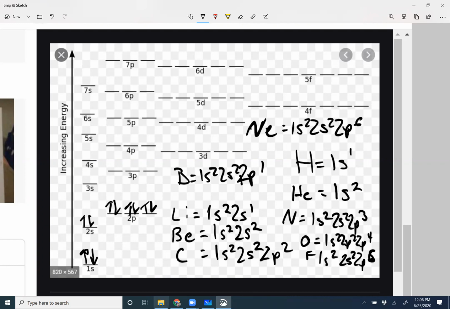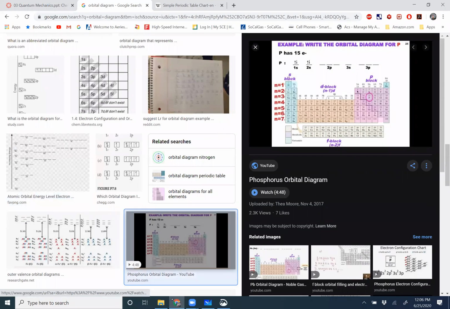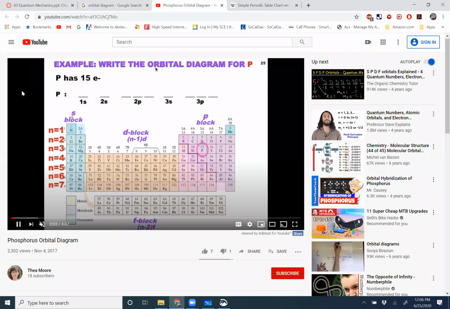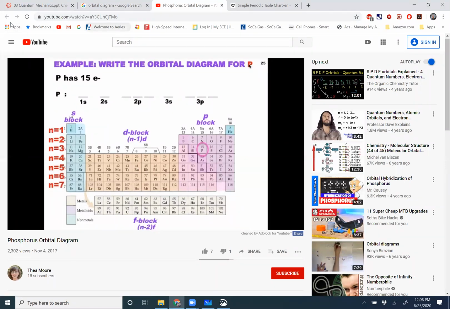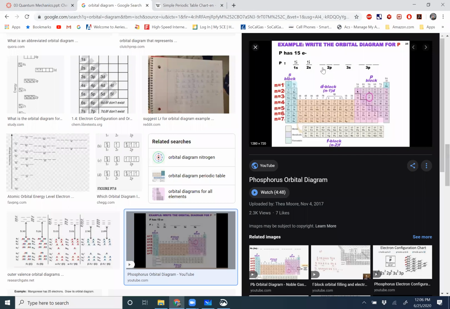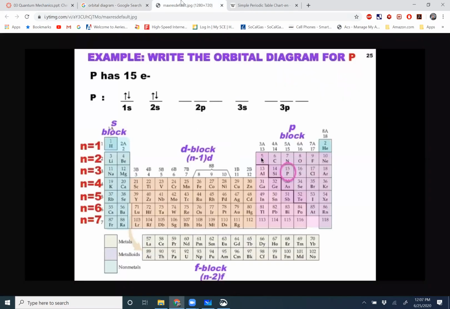Now there's another way to do it. You can also use the periodic table. So here is a good example of a periodic table. Don't open it again. Oh, you booger. All right.